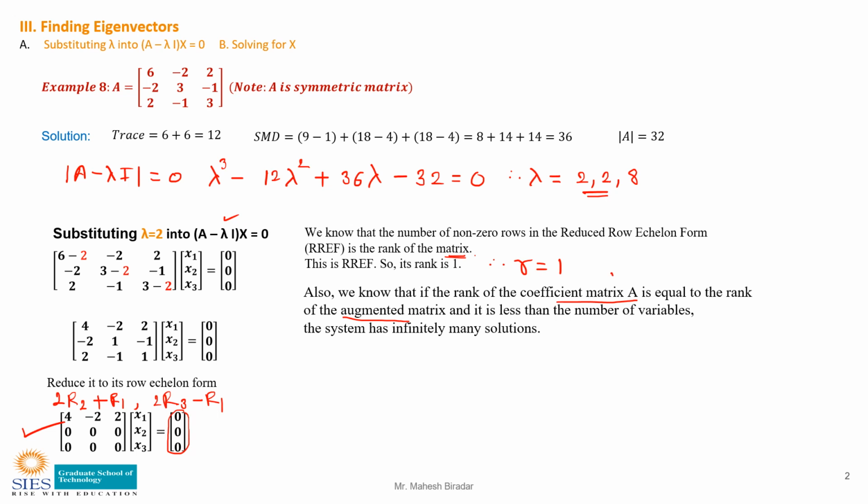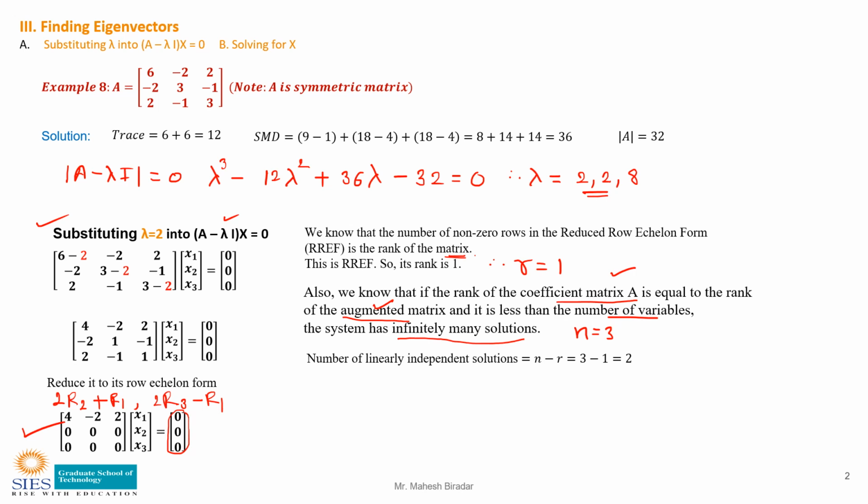So rank of A and rank of augmented matrix is the same here, and which is less than the number of variables. Here x1, x2, x3, these are the 3 variables. So n is equal to 3. So R is less than n. So the system has infinitely many solutions. So similarly, this equation has infinitely many solutions.